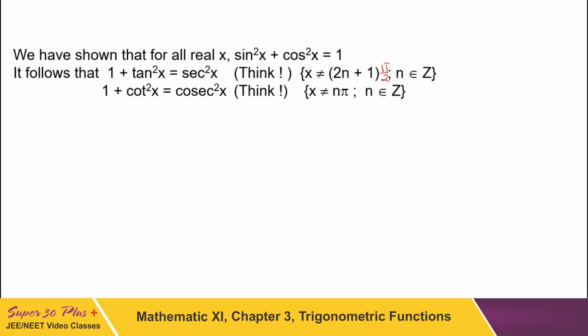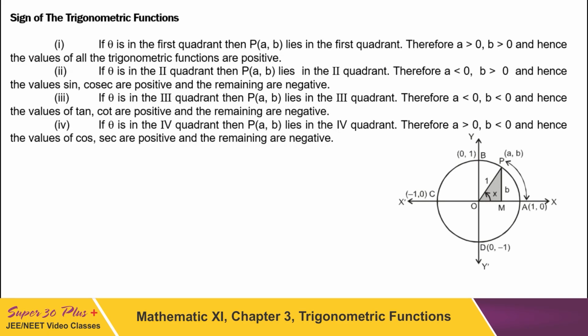So cot and cosec are not defined for x equal to n pi because sin x is in the denominator, and the denominator can never be 0. Students, now we are going to understand the sign of the trigonometric functions in the different quadrants. Here is the system of quadrants. This is the first quadrant, it is second, it is third and fourth. And as we know, cos x is equal to A and sin x is equal to B. In the first quadrant, A and B are positive, meaning the coordinates are positive.